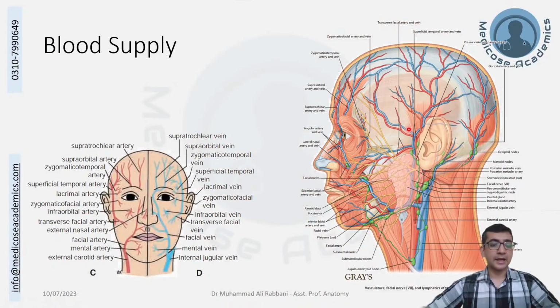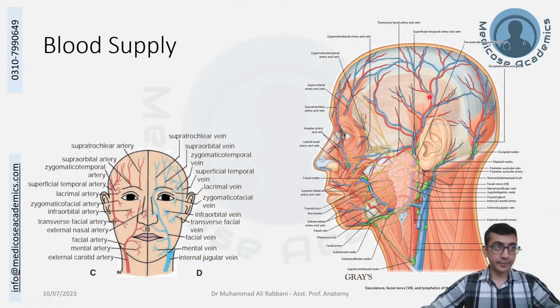So these are all the branches, and here one important thing comes into play: all of the arteries exiting the eye, supraorbital, supratrochlear, zygomaticofacial, zygomaticotemporal, infraorbital, and dorsal nasal, those are all ultimately branches of the ophthalmic artery.